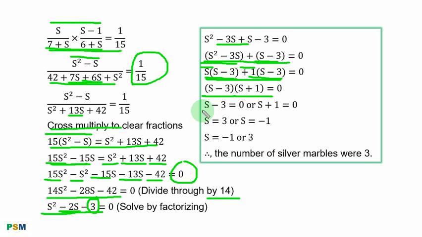You equate each factor to 0, transfer the constant terms respectively, and you have s equal to minus 1 or 3. The number of silver marbles cannot be negative, so we take the number of silver marbles to be 3.